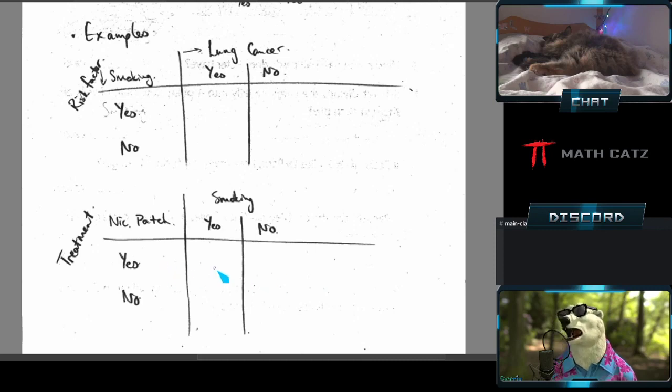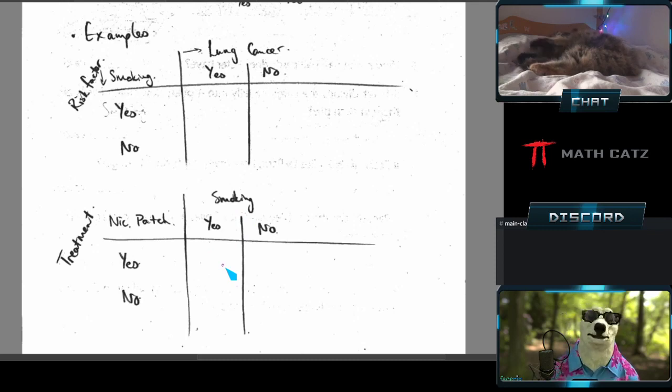And the nicotine patch might cause, or not, but I want to investigate a connection between wearing a nicotine patch and still smoking after a while, or measuring the urge for smoking, or some measurement of the smoking outcome, yes or no. And then I can say, yes, there is a connection.